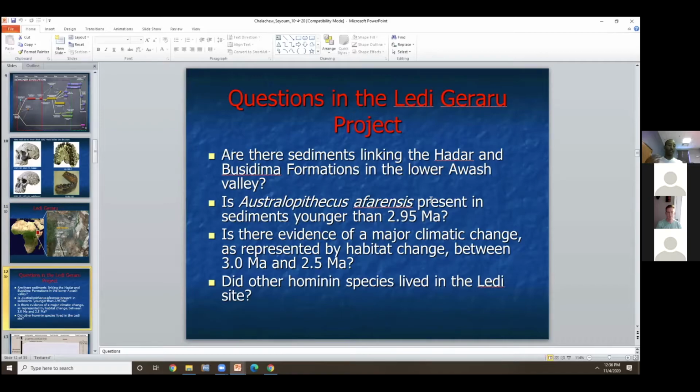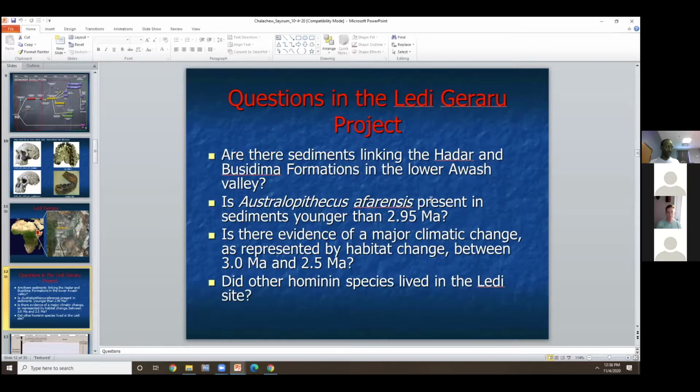The other question they have been asking was whether there is Australopithecus afarensis younger than 2.9 million years ago, which is the time we have so far in Ethiopia and Tanzania. The other thing is that we obviously see change and we expect some sort of environmental change.